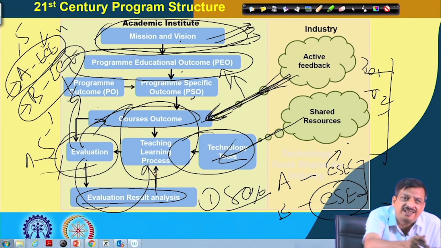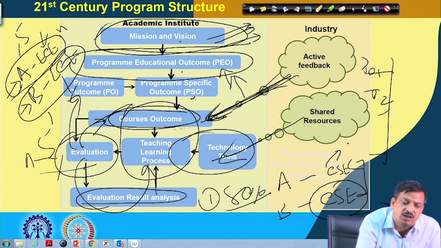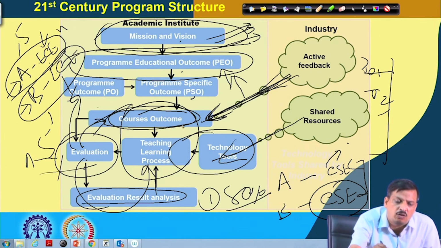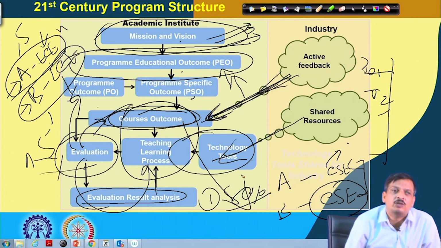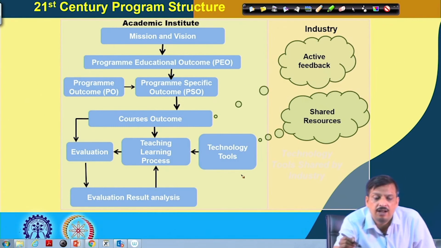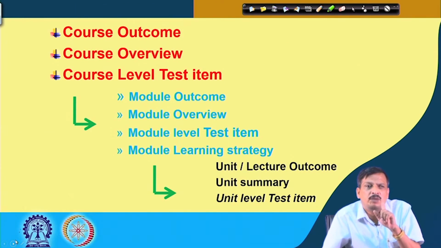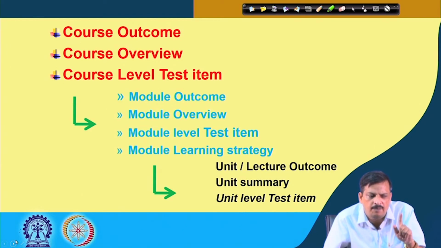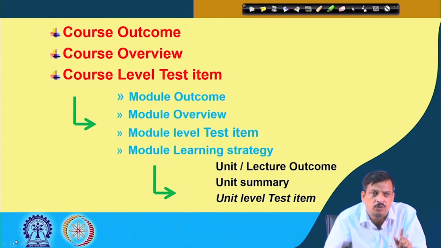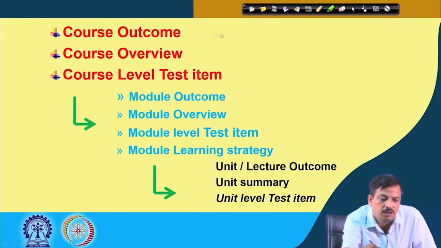So, the entire structure is in the curricula, and now a course is not only course outcome, it also has course file content. What is course file content? I will show you the slide, the course file. A course must be structured like this: course outcome, course overview, course level test item, which will be linked with outcome.